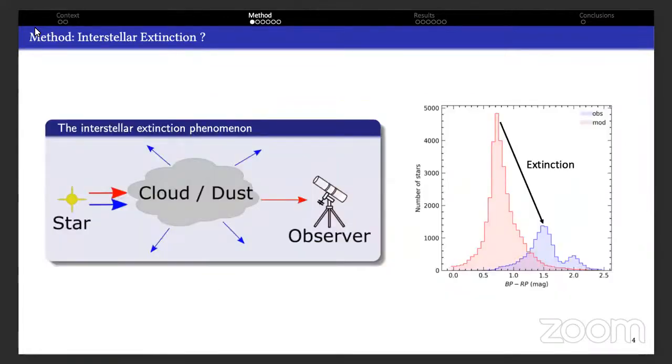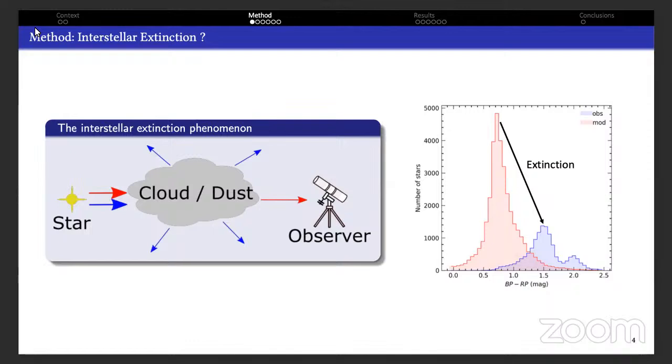So first, a little word about interstellar extinction. Interstellar extinction is a phenomenon that affects stars. When we look at the stars, light will cross a dust cloud, and so the short wavelengths will be scattered, which makes the stars appear redder, and the light will also be absorbed, and so the star will appear with a lower luminosity.